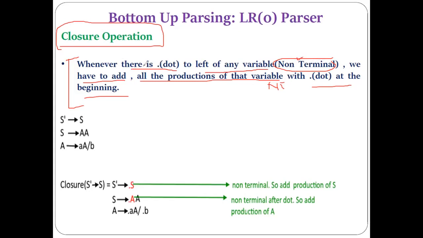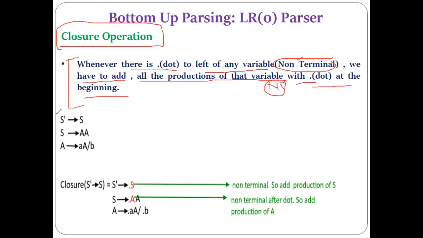So whenever there is a dot to the left of any variable or non-terminal, we have to add all the productions of that non-terminal with the dot at the beginning.